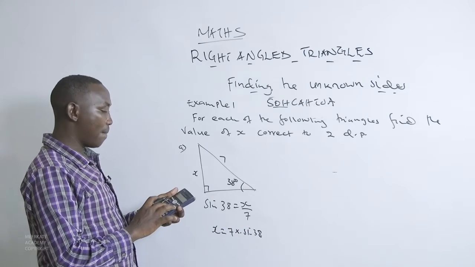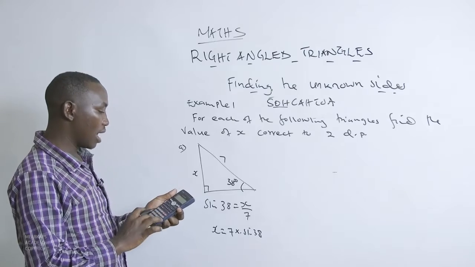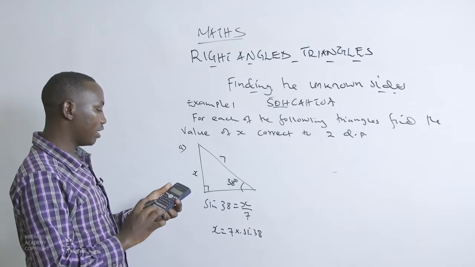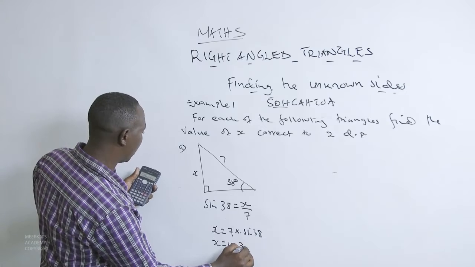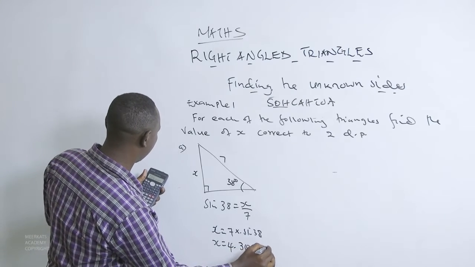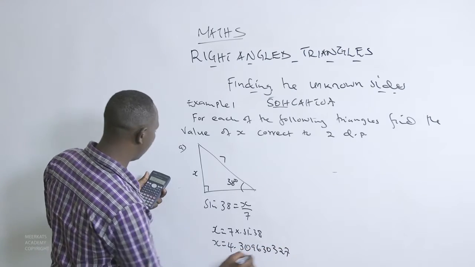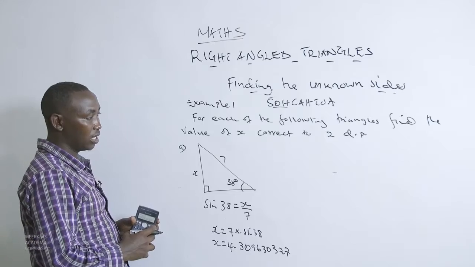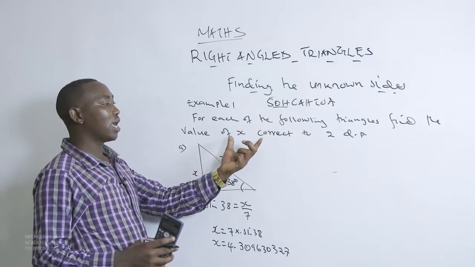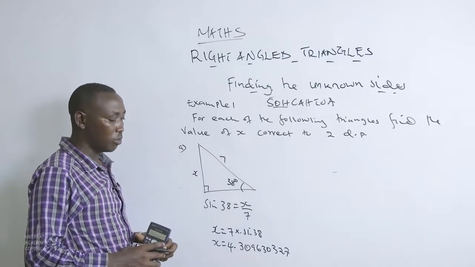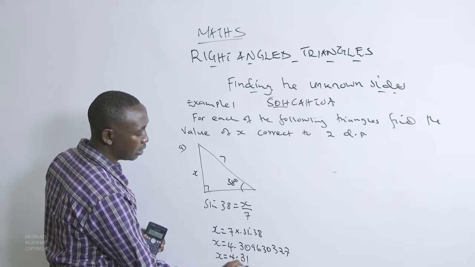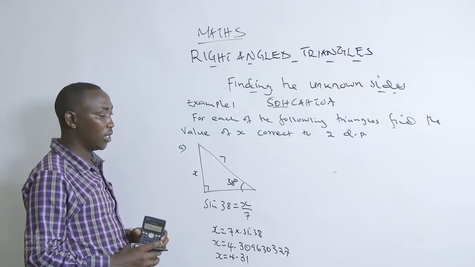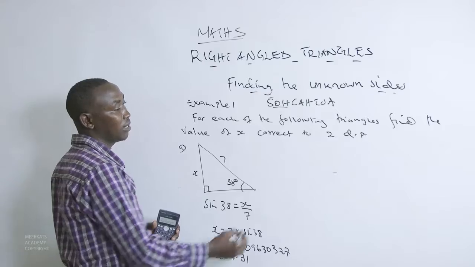So we press sine of 38 on the calculator, then multiply it by 7, and it will give you that x is 4.309630327 units. The question requires us to write our answers correct to 2 decimal places. So that means that our x will be equal to 4.31 when rounded off to 2 decimal places.